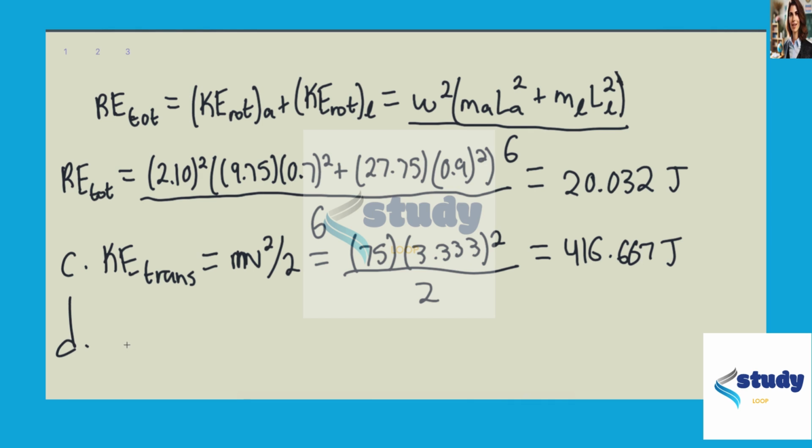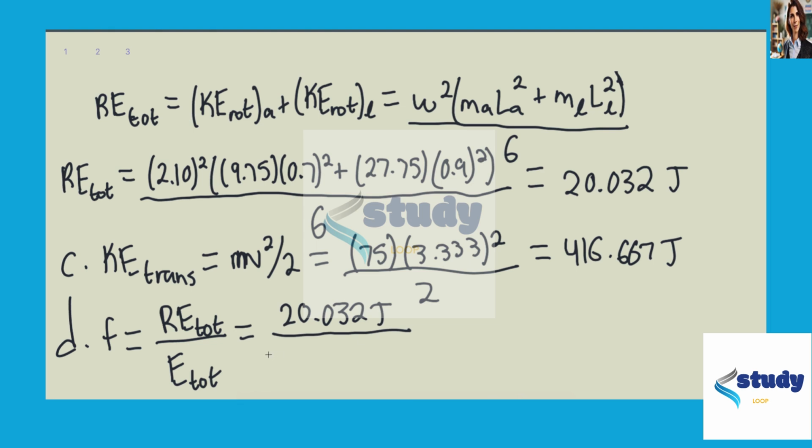And then part D asks us to find the percentage of the rotational energy in terms of the total energy. So we can define a variable F. This is going to be the total rotational energy divided by the total energy, and this is going to be 20.032 joules divided by 416.667 plus 20.032, and we're going to multiply this by 100%, and this is going to equal 4.587%.